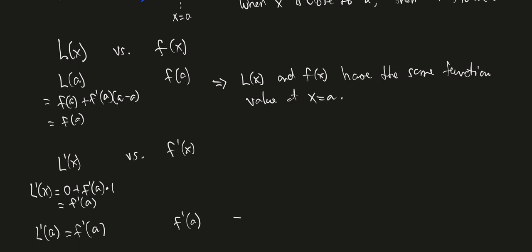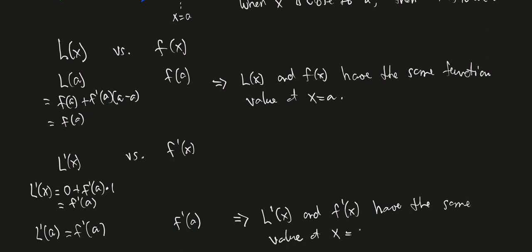What this observation tells me is that L prime and f prime of x have the same value at x equals a. So geometrically, if we put these two together, they both pass through the same ordered pair with the same slope, right? And that is an important concept.